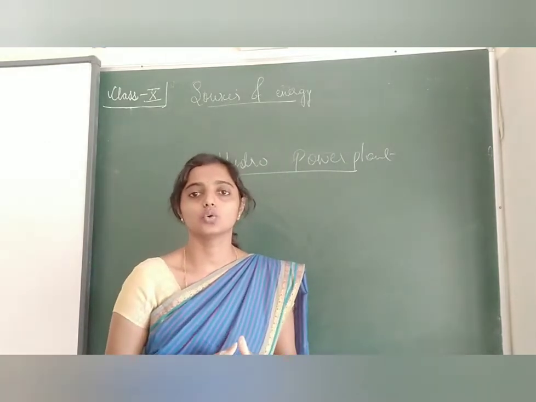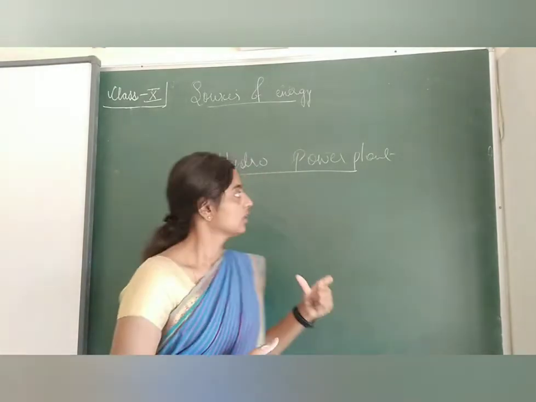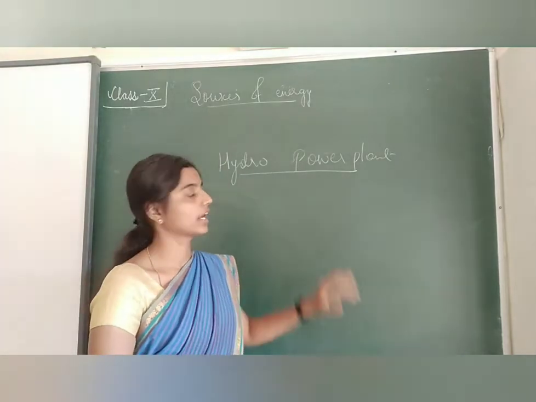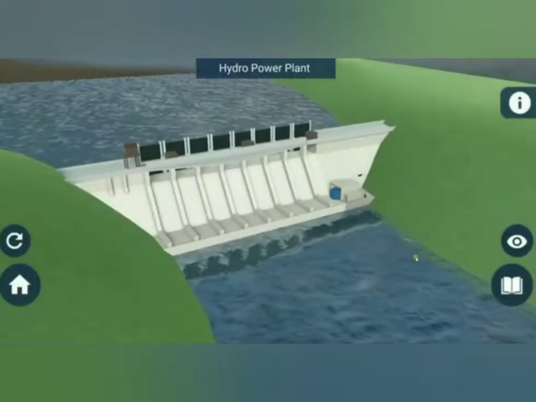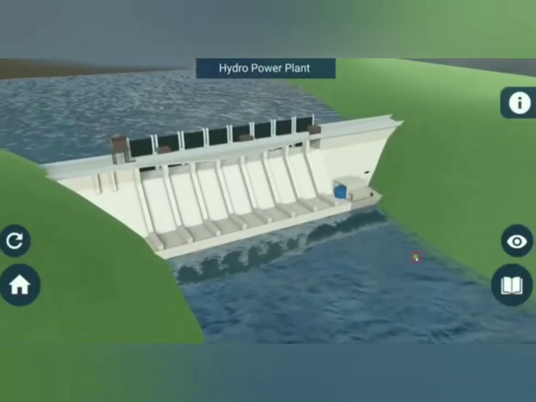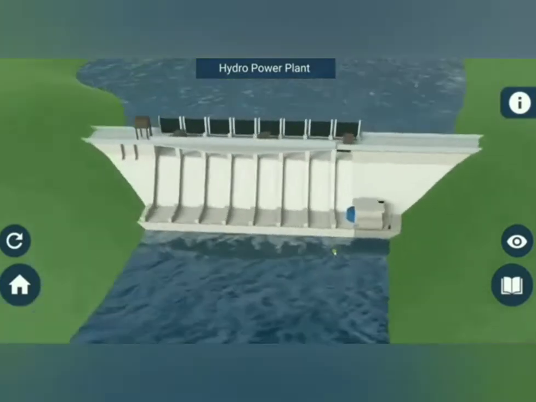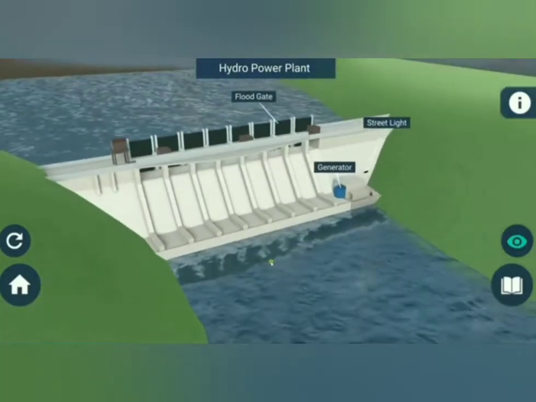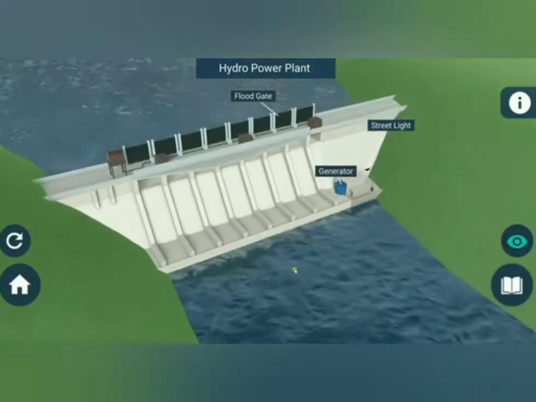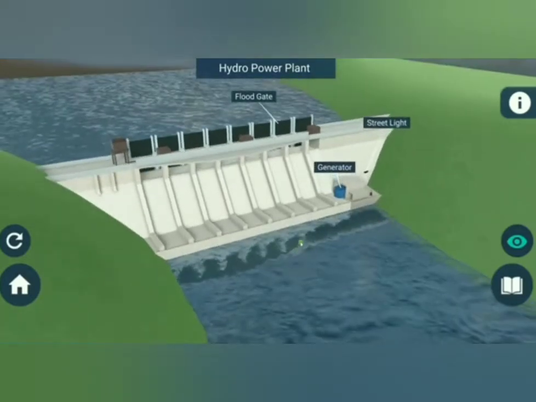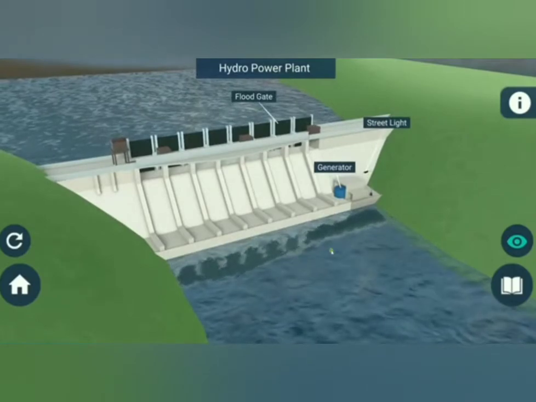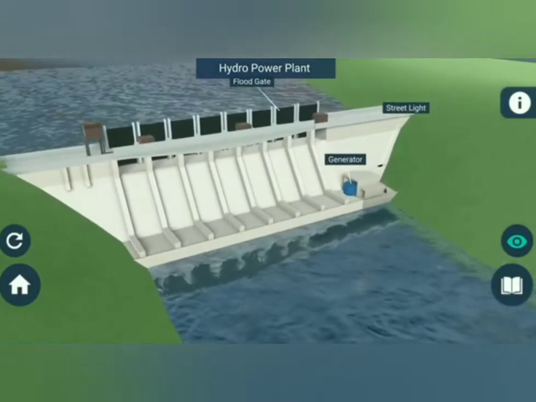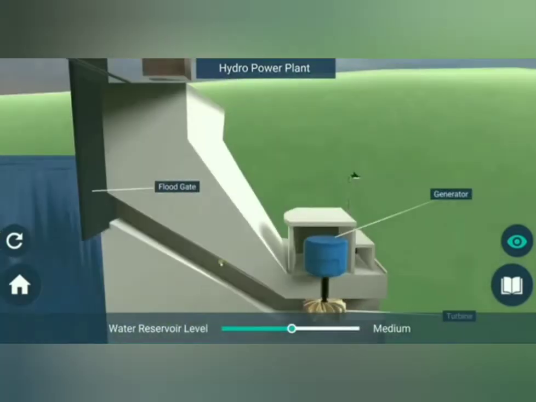Now let us see how practically we can produce electricity through a hydro power plant. A hydro power plant converts the potential energy of falling water into electrical energy. High dams are constructed on rivers, and here we can watch how it is constructed. When the water fills, they open the gate and the water from the high level in the dam starts flowing downwards, and a turbine is placed in that path.